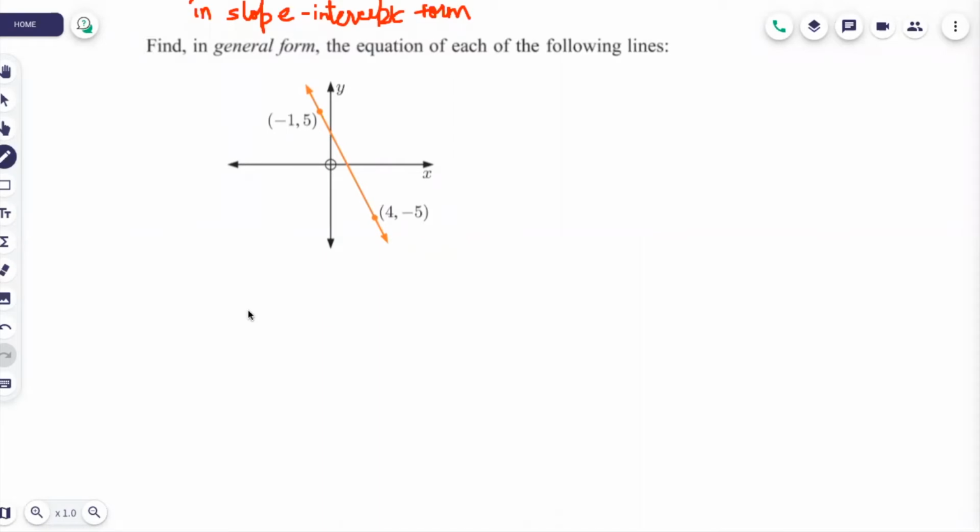First of all, let's see how general form looks and how slope intercept form looks for a line. When you're writing the equation of any line in general form, it should appear like this: ax plus by is equal to c.